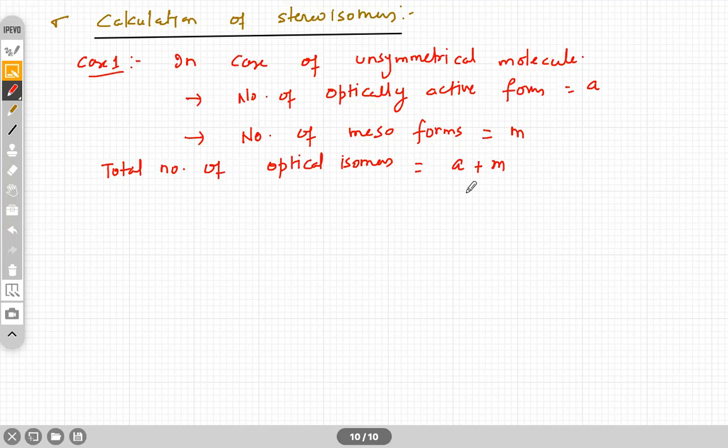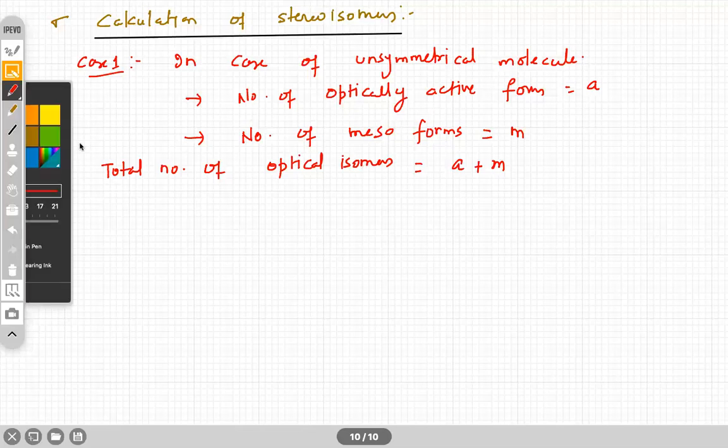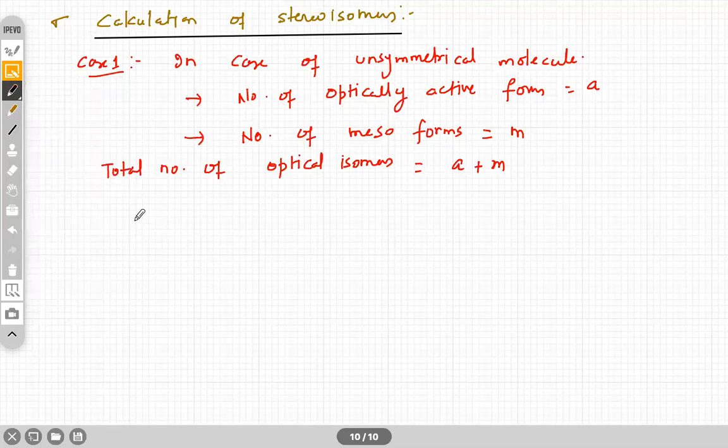Okay. So in case of an unsymmetrical molecule, if the number of stereo centers is n, right?